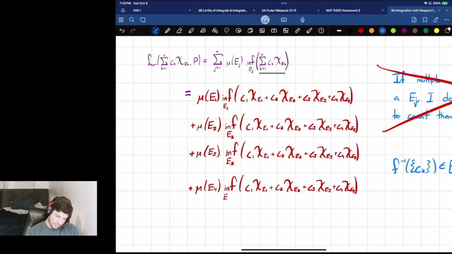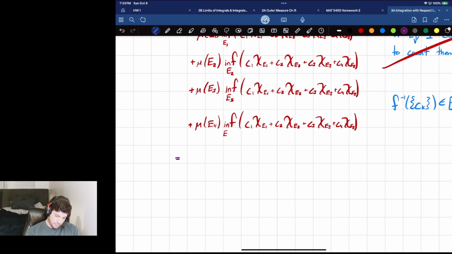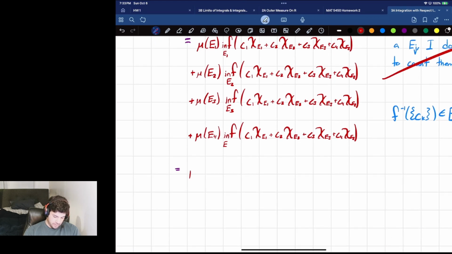So this is equal to mu E1 times the infimum over E1 of C1 times the characteristic function on E1, plus mu E2 times the infimum over E2 of C2 times the characteristic function on E2.